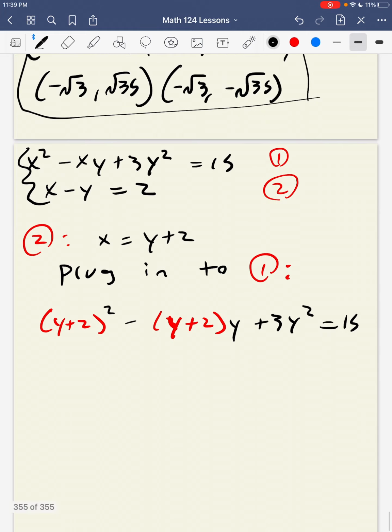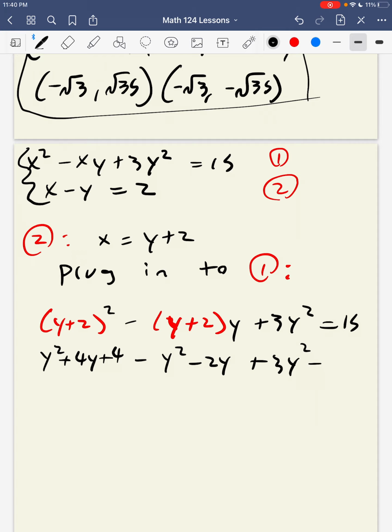Now we just multiply this out. So y squared plus 4y plus 4 minus y squared minus 2y plus 3y squared equals 15.